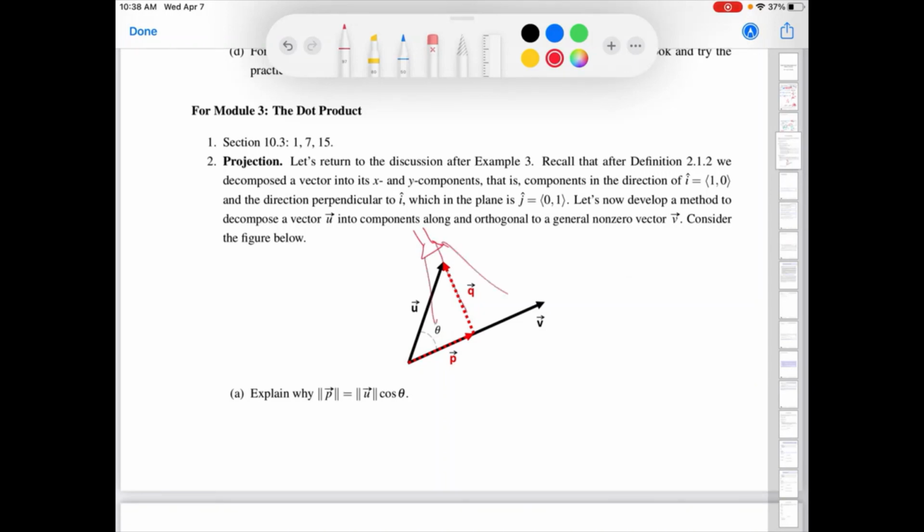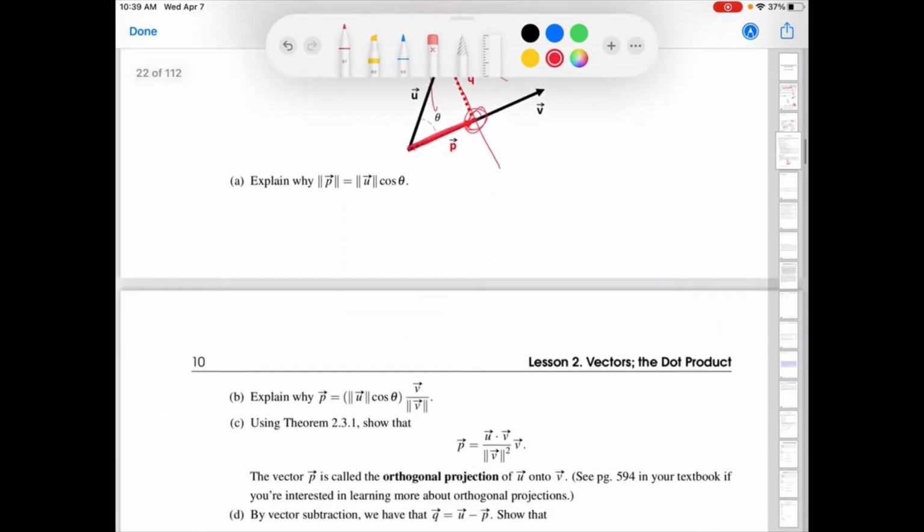The shadow that this light would cast, where would it stop? I could call that length the projection of u onto v. And that is a concept which has interesting applications in all sorts of fields and later on in the course as well.